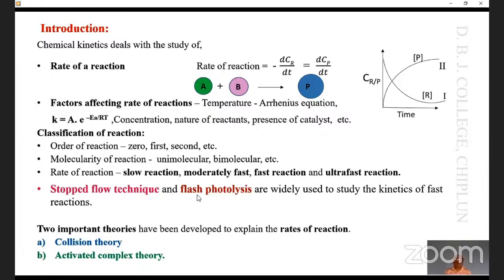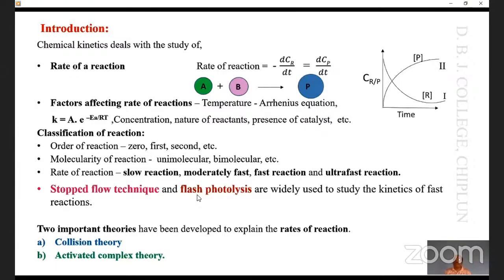It is very difficult to determine the rate of this reaction in a laboratory. This is one extreme. At the other extreme, there are certain ionic reactions. They proceed so fast that within few microseconds they go for a completion.